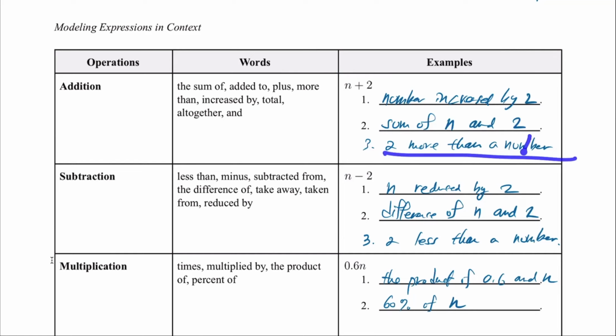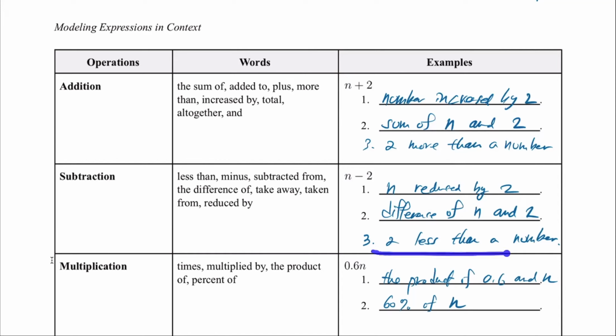2 more than n. Here's the thing though, with 2 more than, the thing that comes after "than" existed before the 2. So you have to change the order. If it's n plus 2, when you write this, you have to change the order in which it appears. It doesn't really matter that much in addition, but in subtraction, it matters a lot.